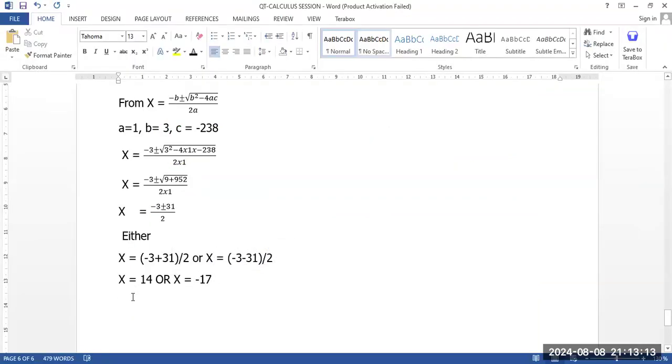So the right figure to take, number of motorcycles is equal to 14, but remember they are in hundreds.